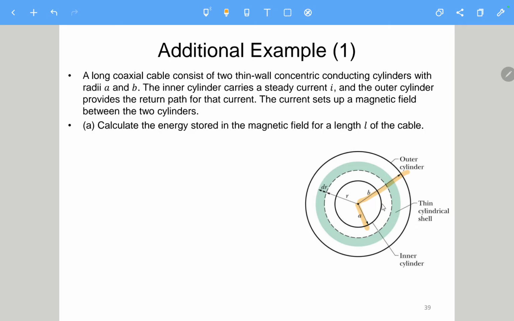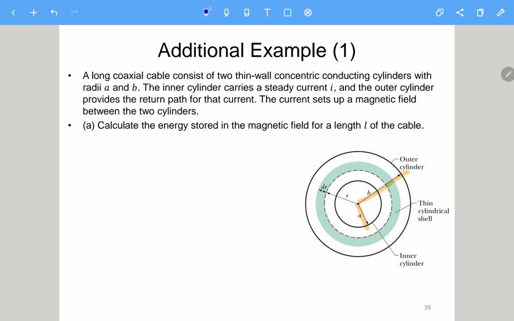And then the inner cylinder carries static current I, and the outer cylinder provides the return path for that current. The current sets up a magnetic field between the two cylinders. Calculate the energy stored in the magnetic field for the length L of a cable.